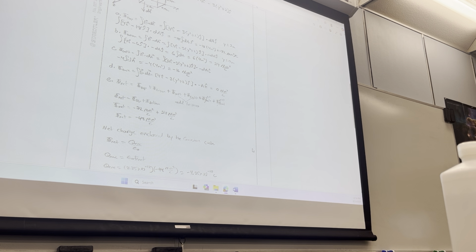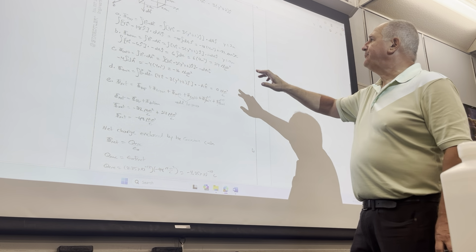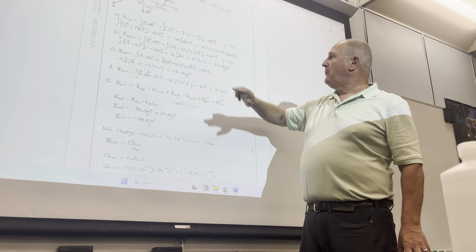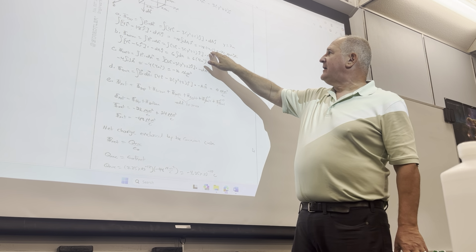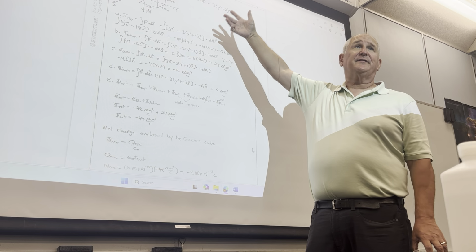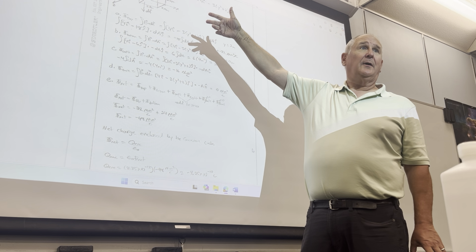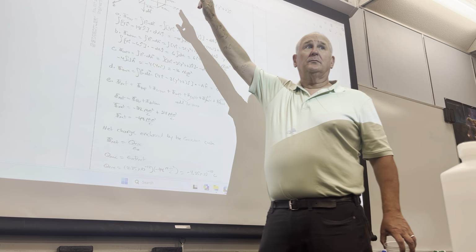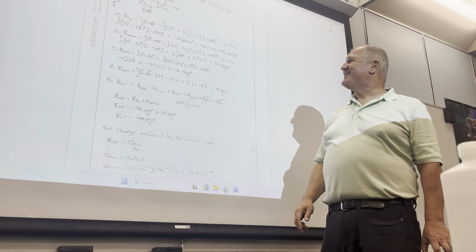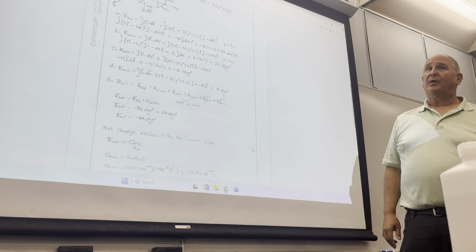Just one. So j hat times j hat comes to a value of 1. So we get our minus 18, and the area we're talking about is just 4 meters squared because it's a 2 by 2 on the top here. So that gives us a flux of minus 72 Newton meters squared per coulomb.